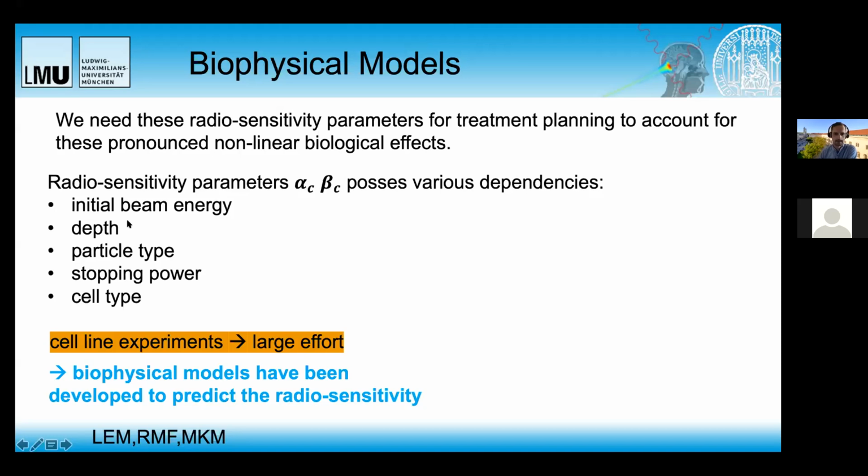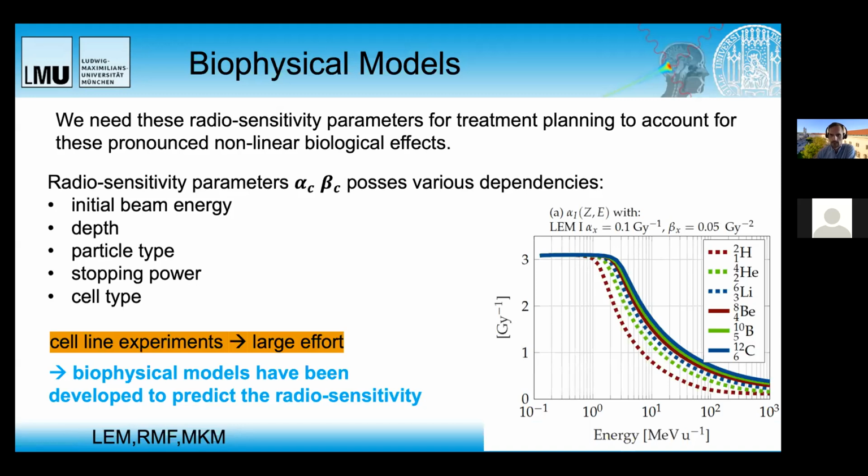This is the underlying idea. And here is just one example where I show you the output of the local effect model 1, and the tissue is characterized by the photon reference parameters alpha x and beta x, so an alpha beta ratio of 2. And here you see now the radiosensitivity for different fragments as a function of energy.